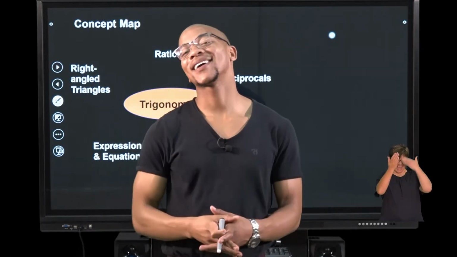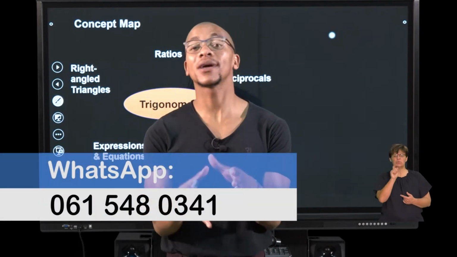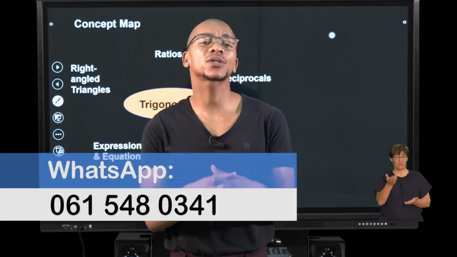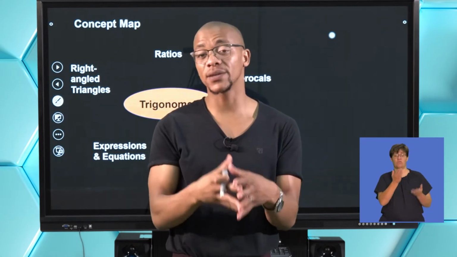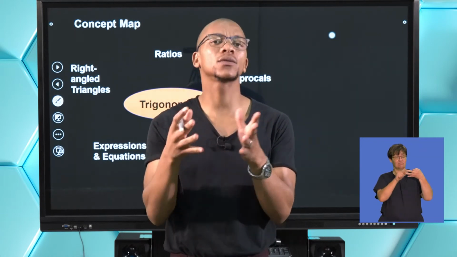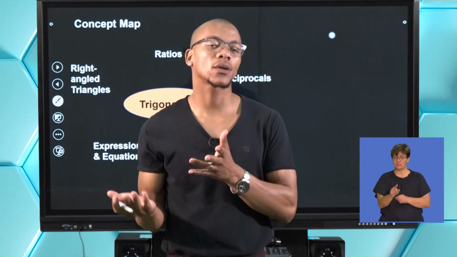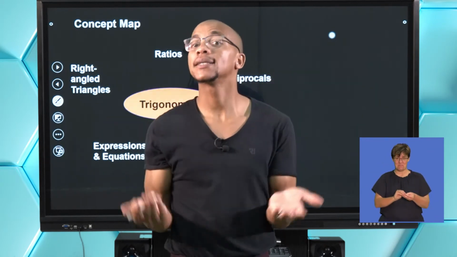Hi guys, welcome back. So we are still busy with using trig ratios. So we first looked at a revision of what a right-angled triangle is all about. We also went on to look at ratios, which were 3 ratios. We then continued and looked at the 3 reciprocals, which made our total number of ratios 6, right?